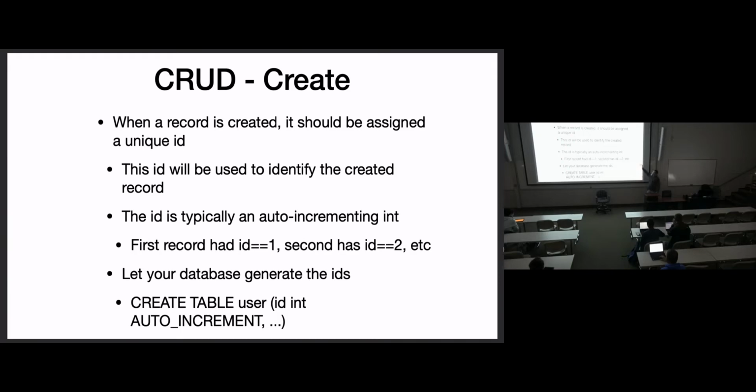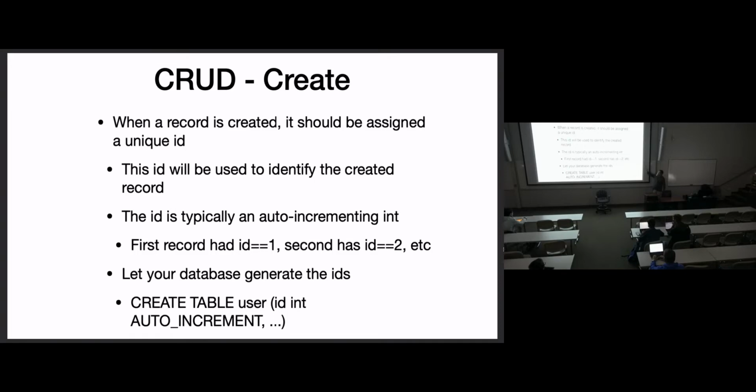So we have users here, maybe we have posts and shopping carts like from the other slide, and we have all those different tables if we're using SQL. We don't want to have to hard code what the primary key is for each one of those tables. What type is the primary key? Maybe it's an integer, maybe it's a string, maybe it's a blob. We don't want to think about that.